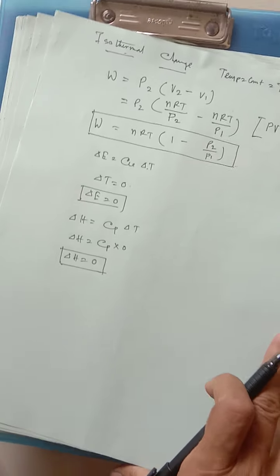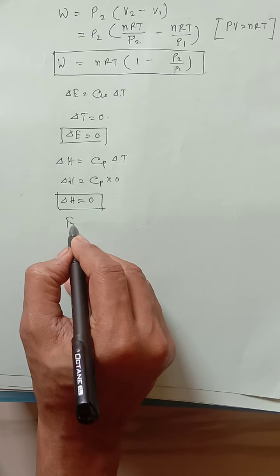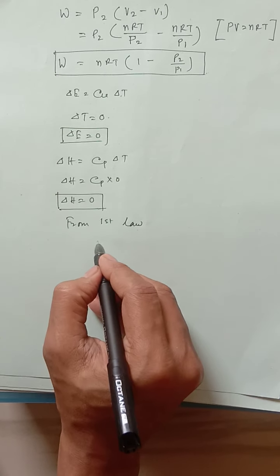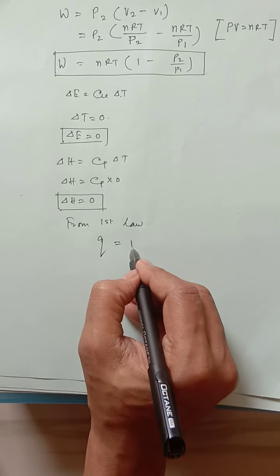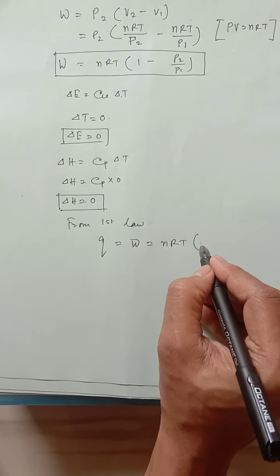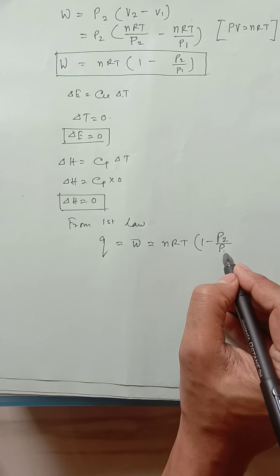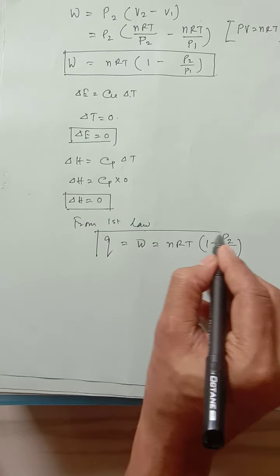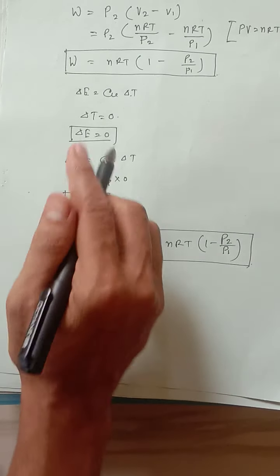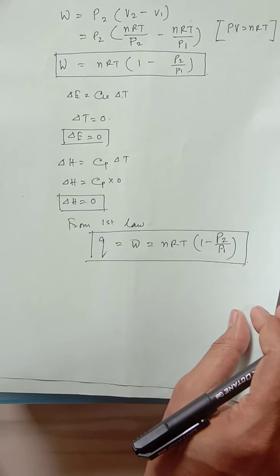So this is also the value. Now the remaining part is Q. From the first law, Q equals W, so that means it will be the value of Q also. So ultimately Q, W, delta E and delta H we have calculated for isothermal change.